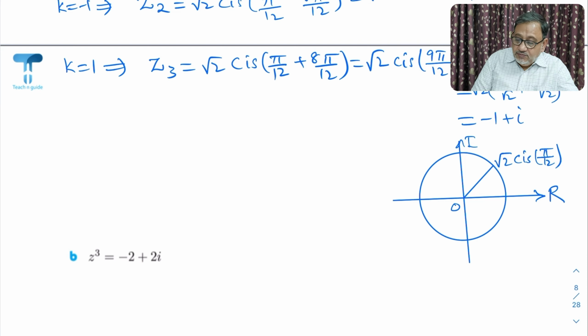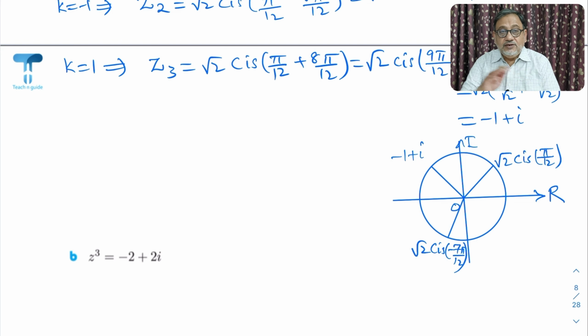And the next one will be root 2 cis minus 7 pi by 12. Okay, and the third one we already got here, minus 1 plus i. So like that they are equally spaced.